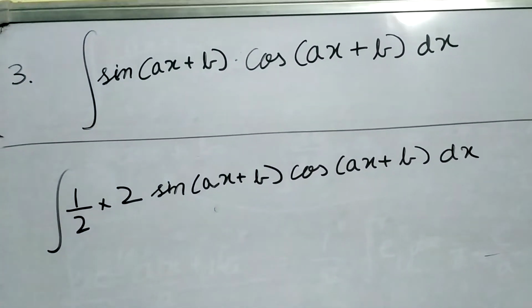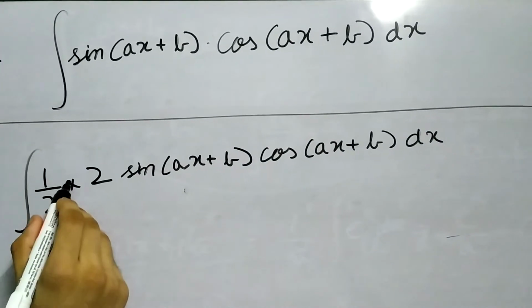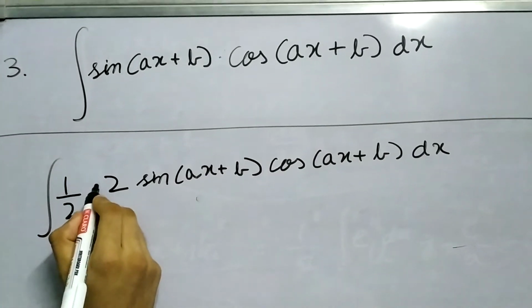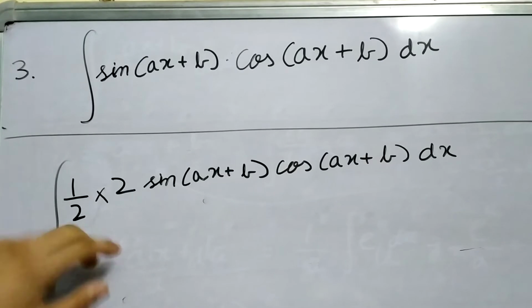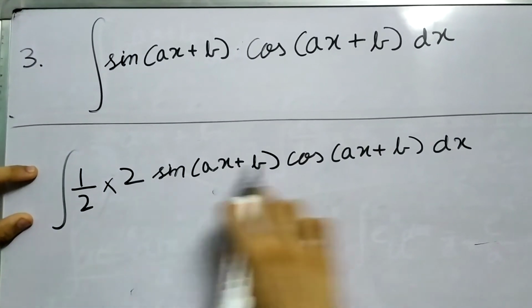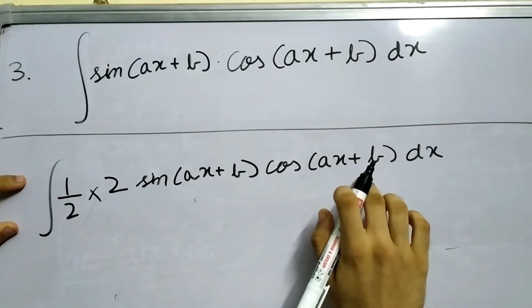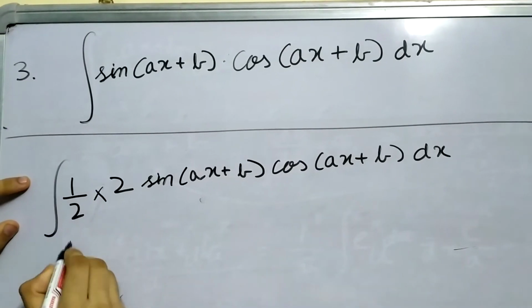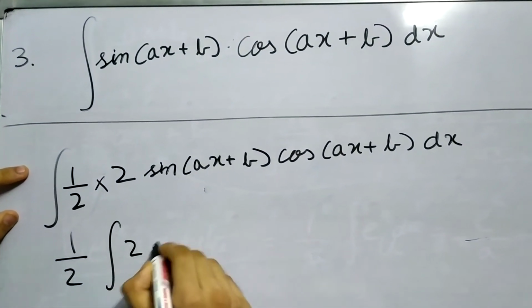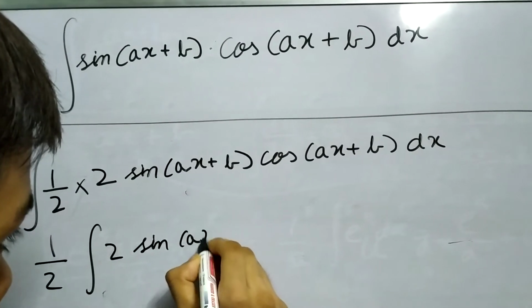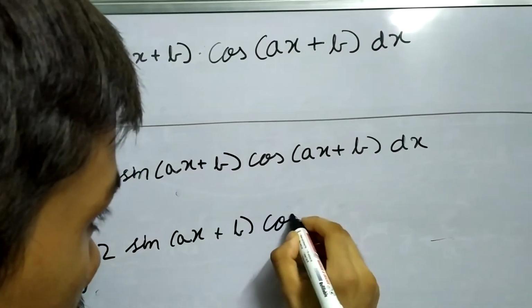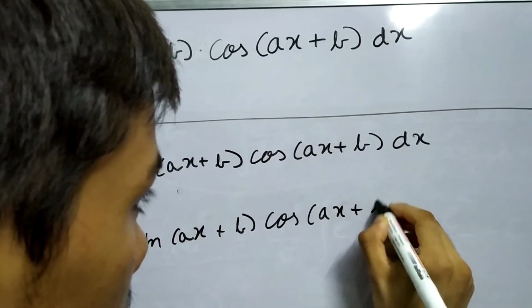So what we'll do is remove only 1 by 2 out of this integral. We'll just let the 2 remain in this integral: 2 sine ax plus b cos ax plus b.